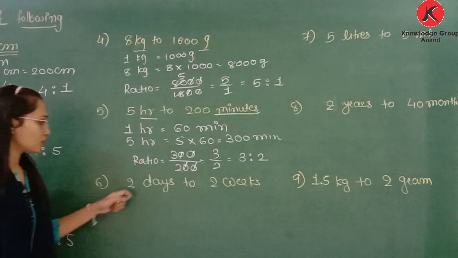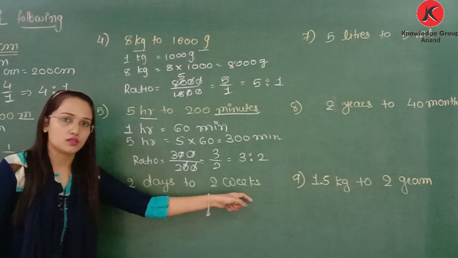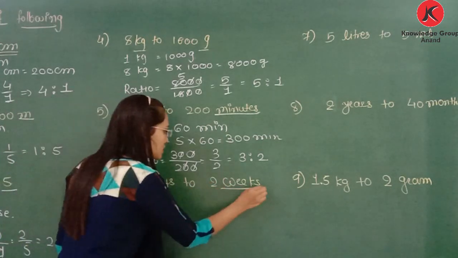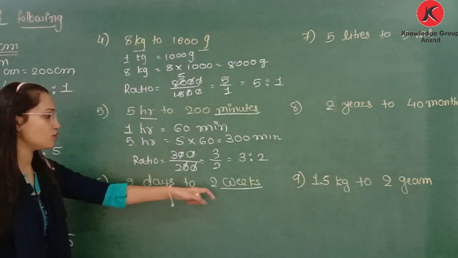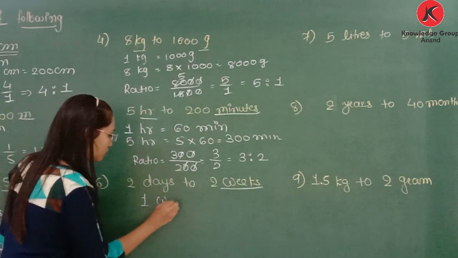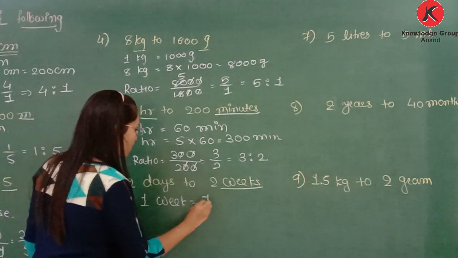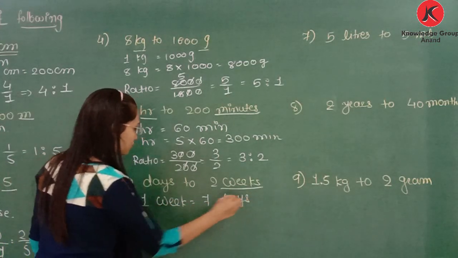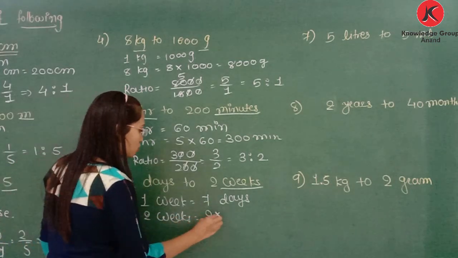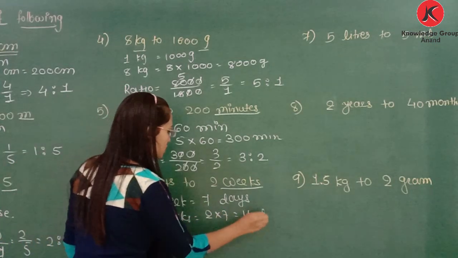Now next one, 2 days to 2 weeks. Here weeks will be the larger unit, so you convert weeks into days. 1 week has 7 days. So 2 weeks is equal to 2 into 7, that is 14 days.